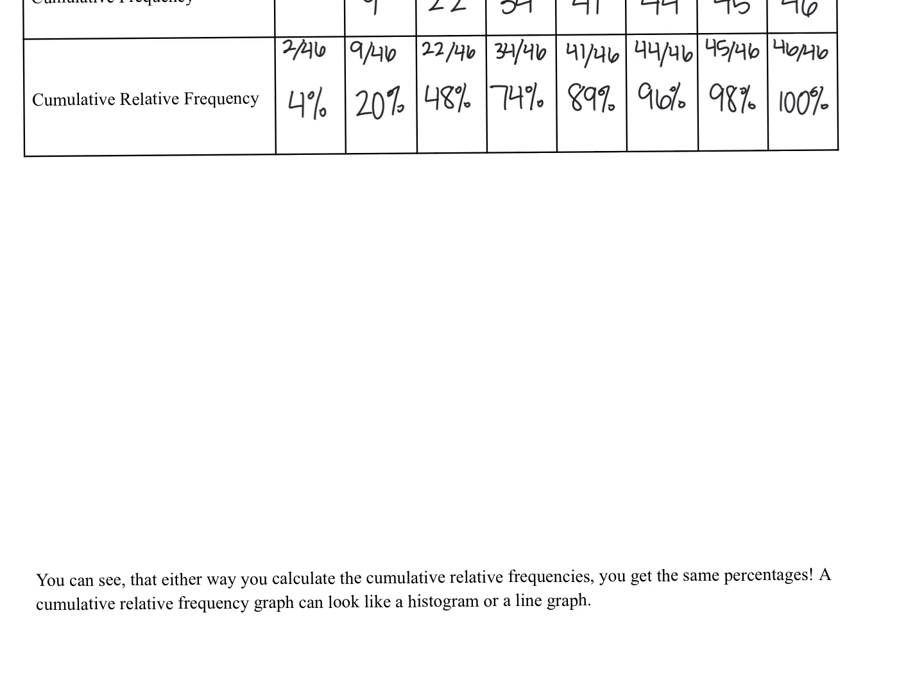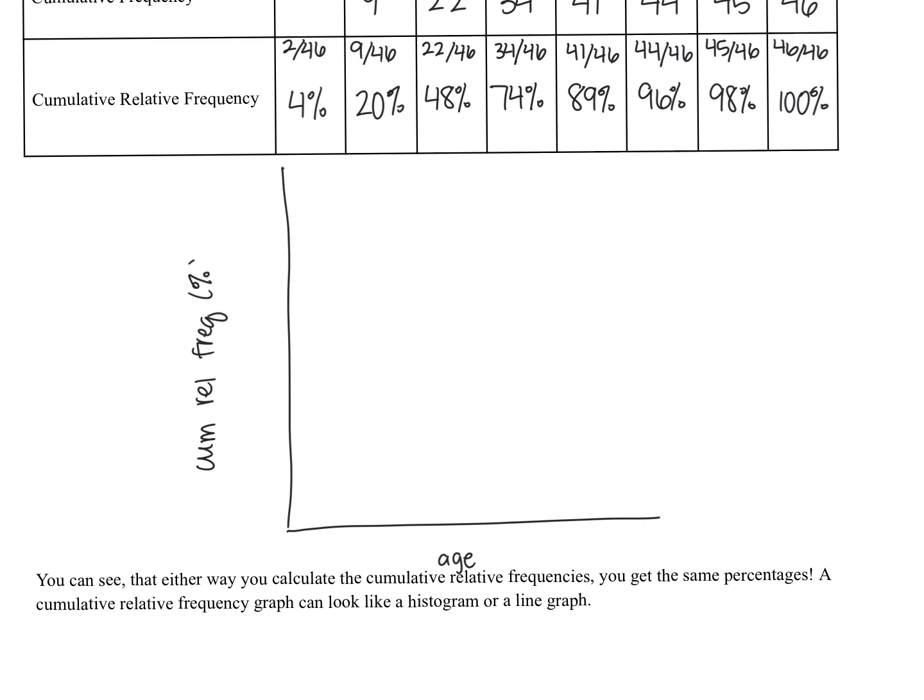So the graph, you're going to construct it the exact same way. So you're going to have your x-axis and your y-axis, age, and then cumulative relative frequency as a percent. Title: president ages at inauguration.